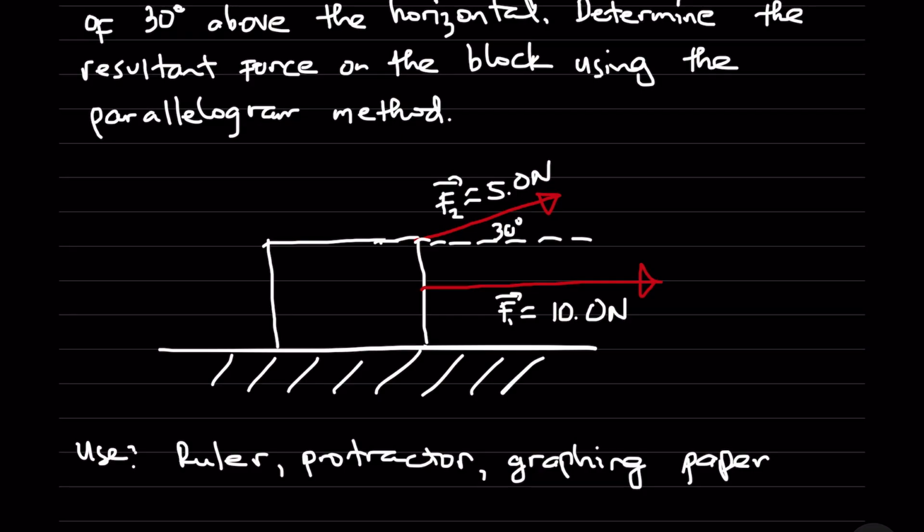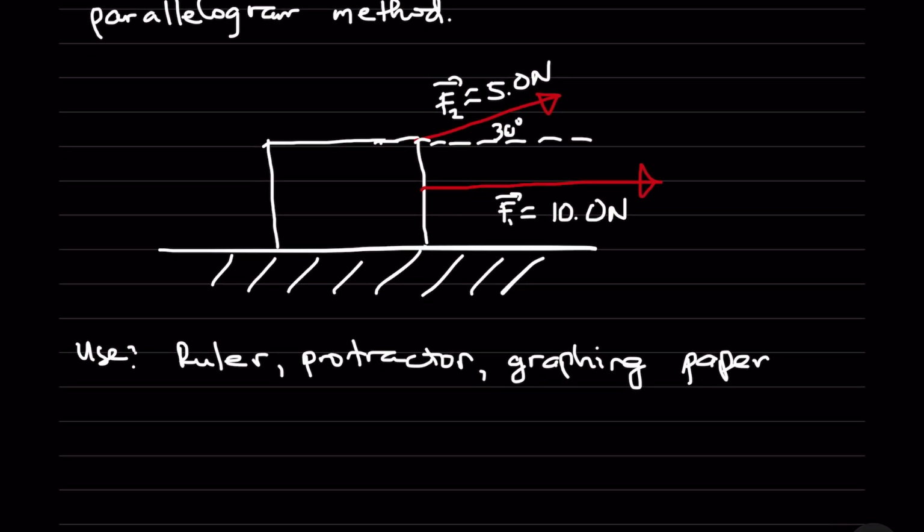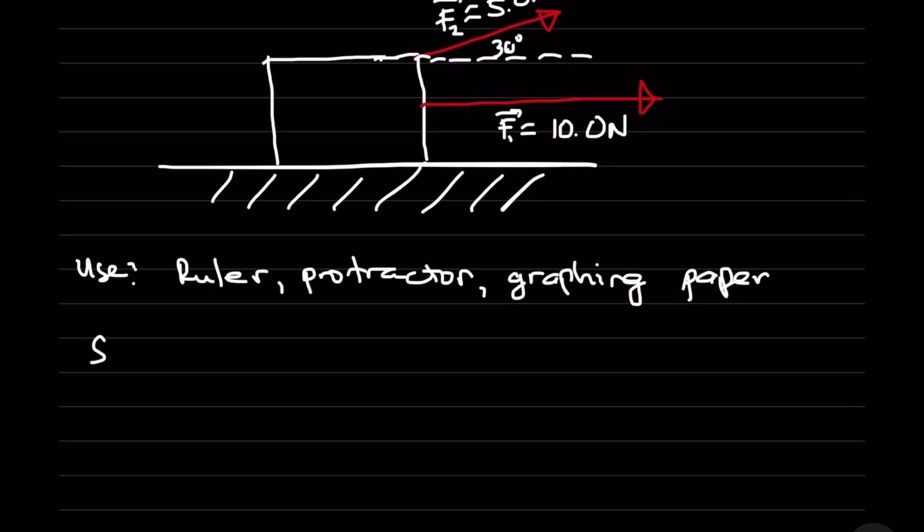The first force is directed horizontally, while the second force is directed at an angle of 30 degrees with respect to the horizontal. In solving this problem, just like what you did in the polygon method, you need to use these materials: ruler, protractor, and graphing paper.